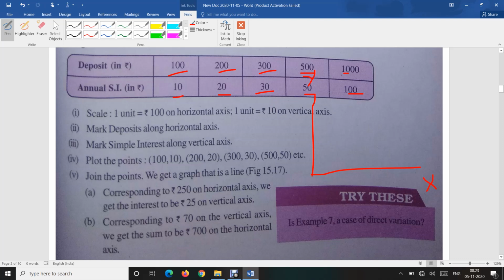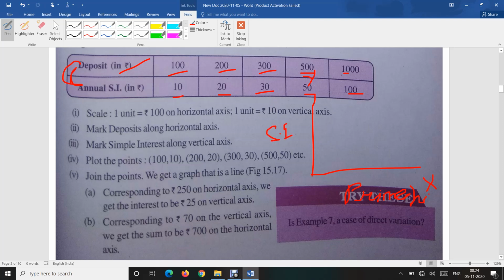For that you have to choose which quantity you will take on which axis. Now suppose we are taking on the horizontal x-axis the principal, and on the y-axis we are taking the simple interest.